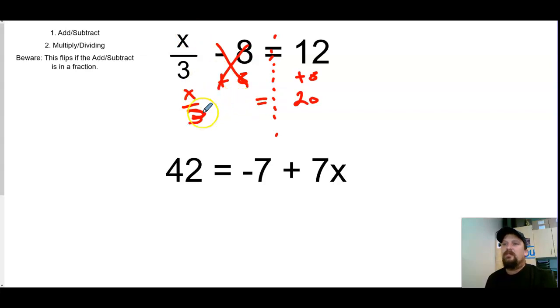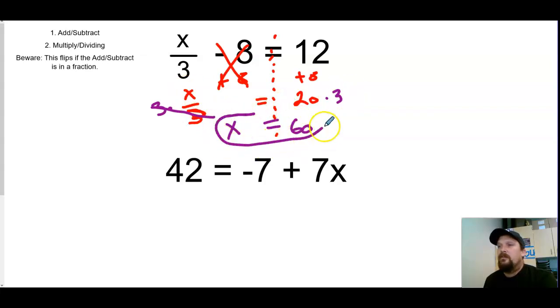Now we have x divided by 3 equals 20. What's the inverse of dividing by 3? That would be multiplying by 3. So we multiply both sides by 3. The x drops down, and 20 times 3 is 60.